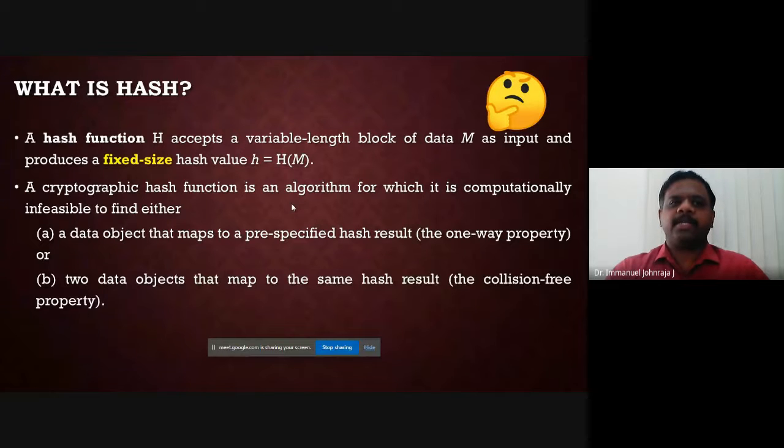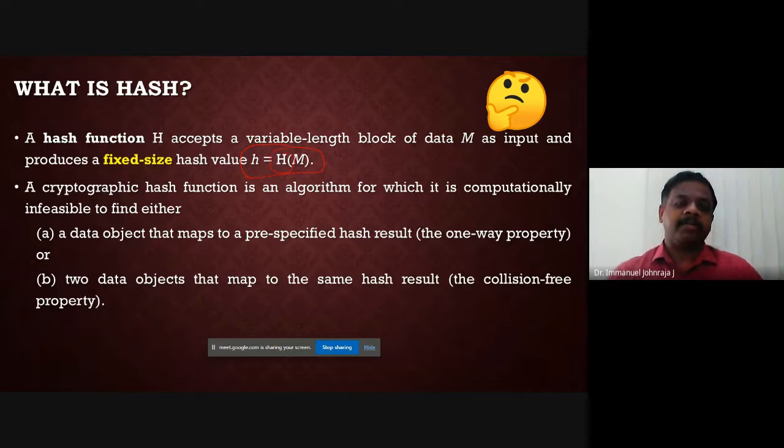That's the keyword here: fixed size. So the small h is calculated by applying the hash function on the input message M, and hence we have a small formula: h equals H of M.